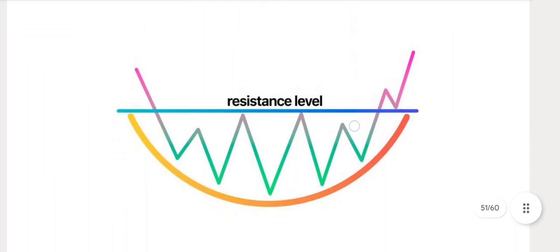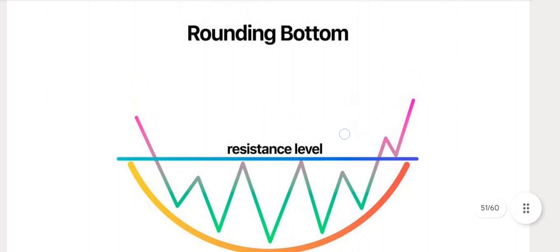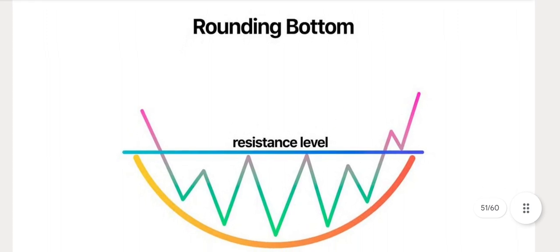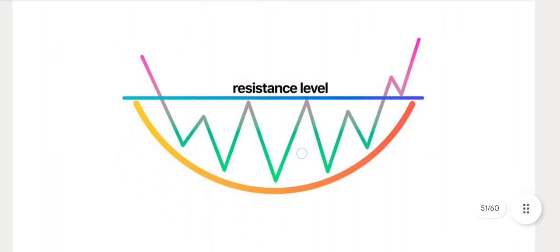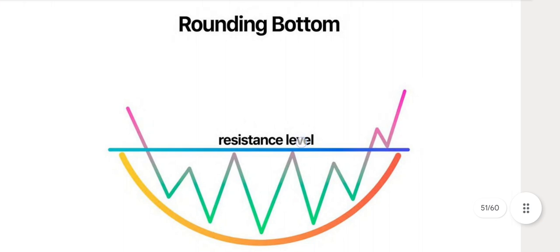Rounding bottom, which I told you I would talk about. If you follow my videos, I showed you about a rounding bottom, but we did not illustrate it on our charts. Here we are going to see it on our charts, and you will see that it really works. After seeing a rounding bottom, mark the resistance level and wait for a retest.